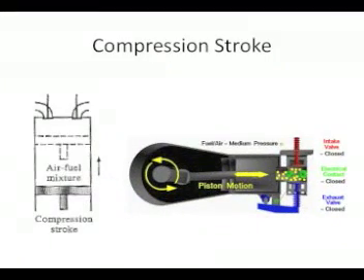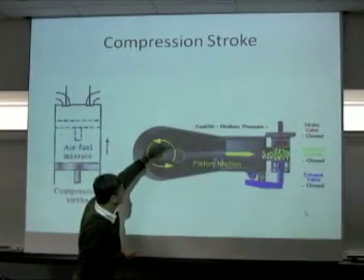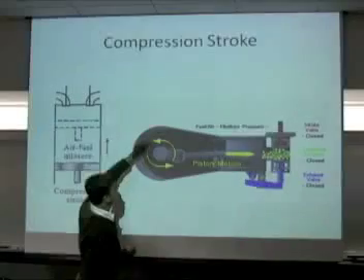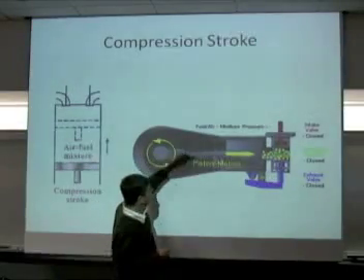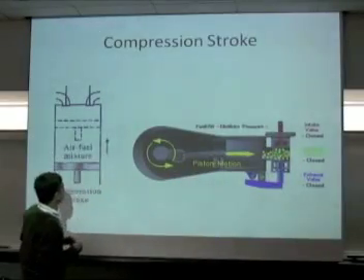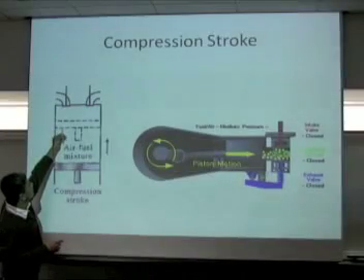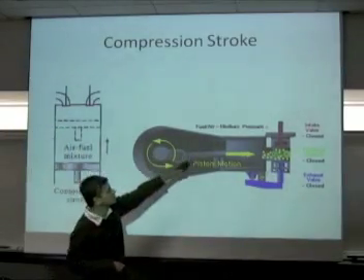At this point, they are at a low pressure. When it reaches the bottom, the crankshaft has nowhere to go because it's already in rotation. It's going to move forward and continue to rotate, and in that case, the piston will end up moving back towards the top dead center. At that point, because of the pressure difference, the intake valve also closes.